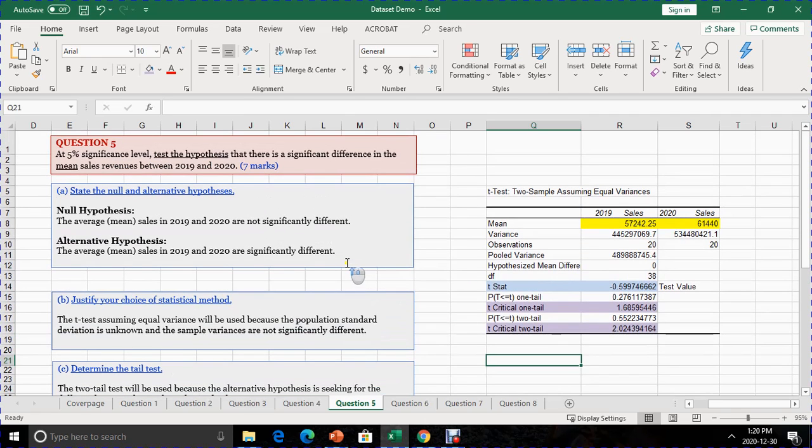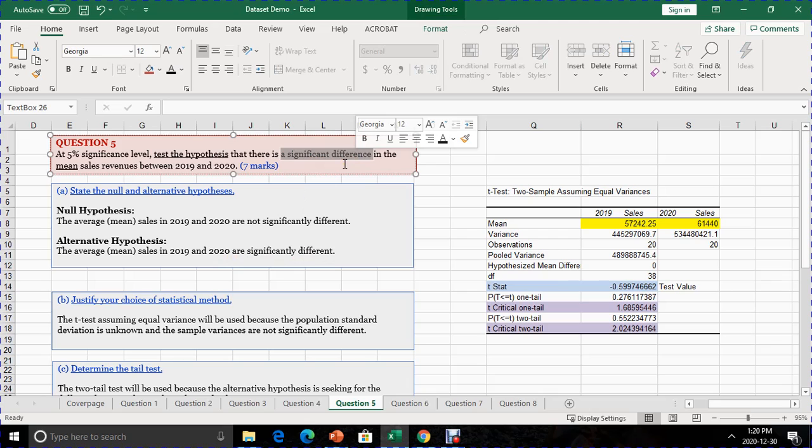In this case, we are looking at a two tail test because our alternative hypothesis is seeking a significant difference, because that is what the question is asking you to come out with. Test the hypothesis that there is a significant difference in the average sales between 2019 and 2020. And because differences could go either way, that means a two-tail, right?